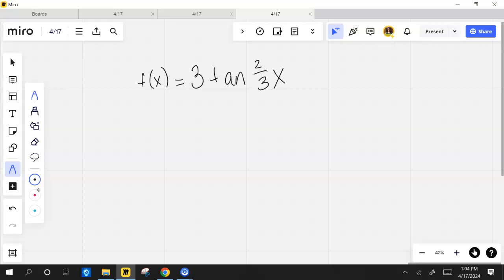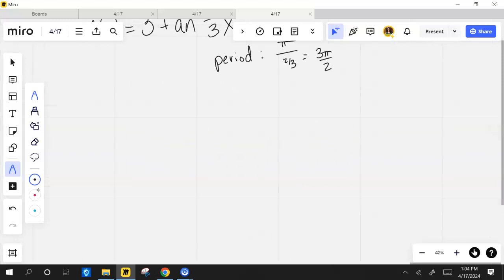It's tangent 3, amplitude. Oh, it's tangent. No amplitude. There's no amplitude. It is stretched out, but there's no amplitude. The 3 is irrelevant for us right now. I'm not gonna make you do a whole lot with it. But what you are is your period. That's what's gonna make the biggest difference. So my period is pi divided by 2/3, which is, now remember the parent.